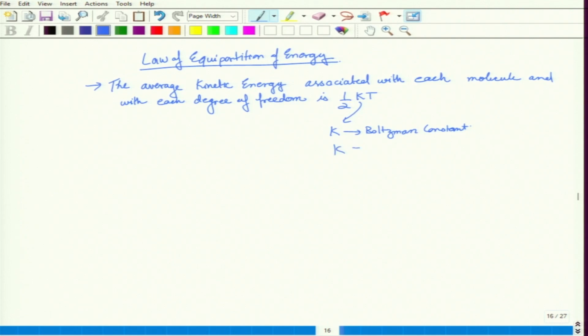So k can be defined as R divided by the Avogadro number, and this R is the gas constant. For the case of an ideal gas, we know R is 8.314 joule per mole per Kelvin.